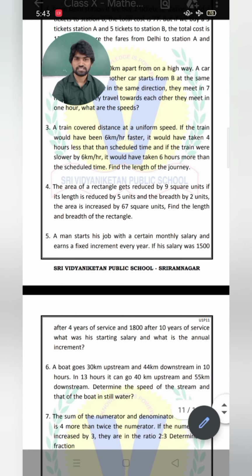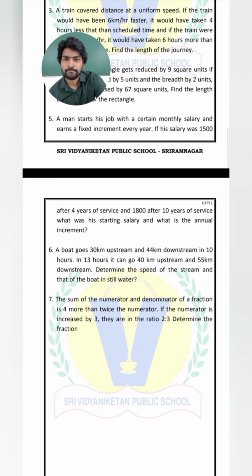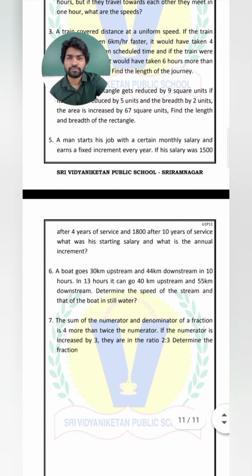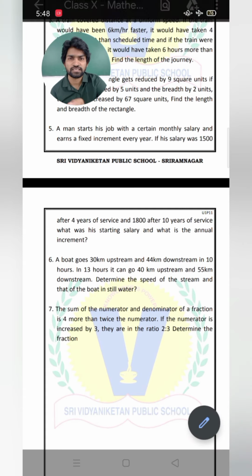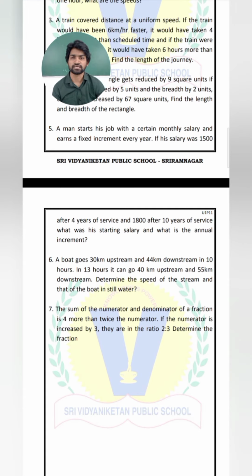Let us see the next one. See this question 5. A man has a job with a certain monthly salary and earns a fixed increment every year. So the salary is fixed, and the fixed increment is added every year.